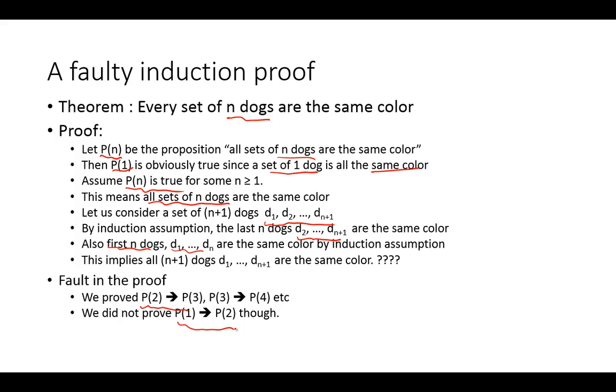But if you tell me that any set of two dogs are the same color, then I can show that any set of three dogs are the same color. If you show me three dogs are the same color, then I can show that any set of four dogs are the same color.